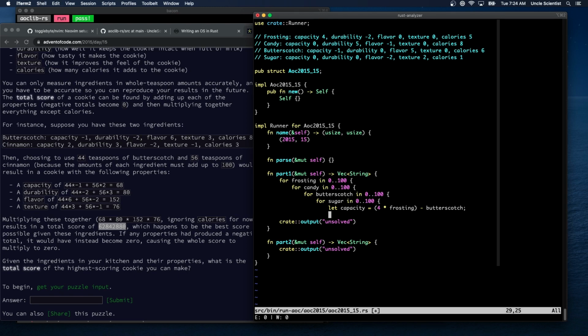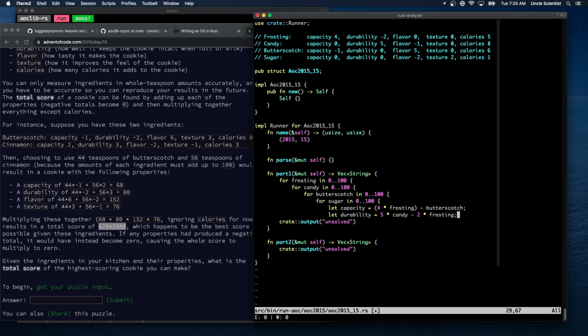And we can do the same for the rest of them. Right? Let's just line these up. Like that. Yeah. And then we can look at the numbers that way. So now durability is, let's say, 5 times candy minus 2 times frosting.